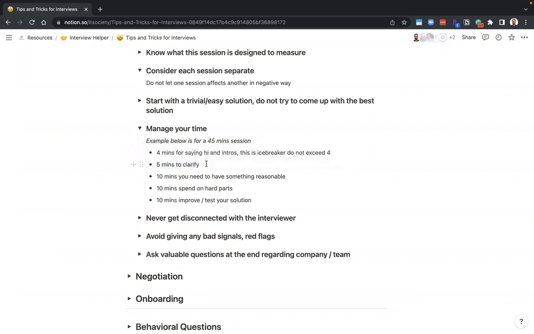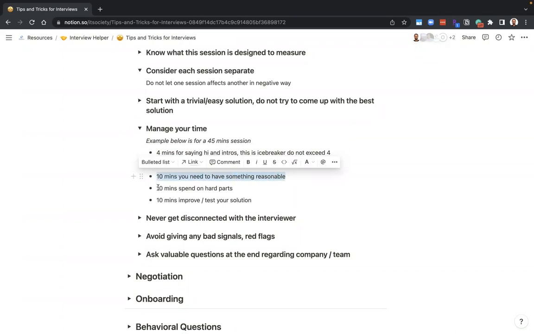So don't spend too much time on clarification, and spend 10 minutes getting approvals or different directions from the interviewer. These minutes may change, but most likely in most sessions you spend 10 minutes to have something reasonable, not very effective, but reasonable.